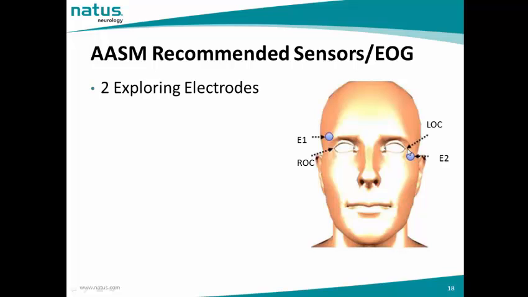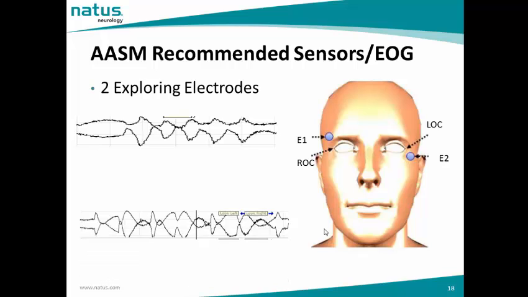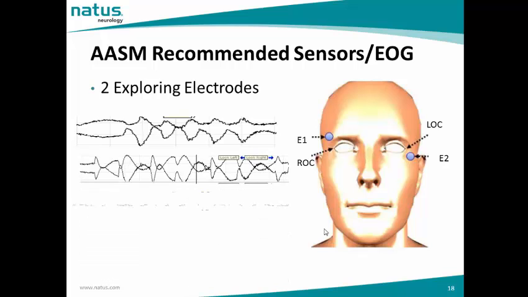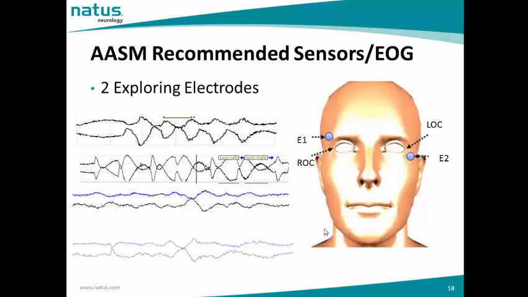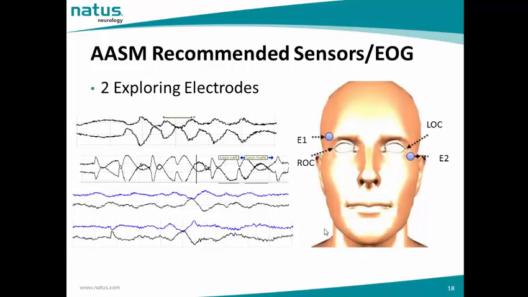Then we go to the left outer canthus and we go 1 centimeter laterally and 1 centimeter down. When we record EOG, we can get different distinct patterns of eye movements. Those patterns can help us in the differentiation between sleep stages.